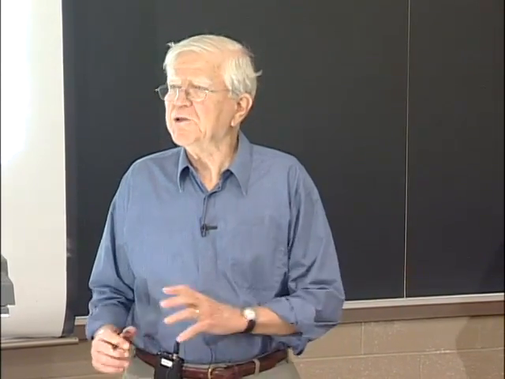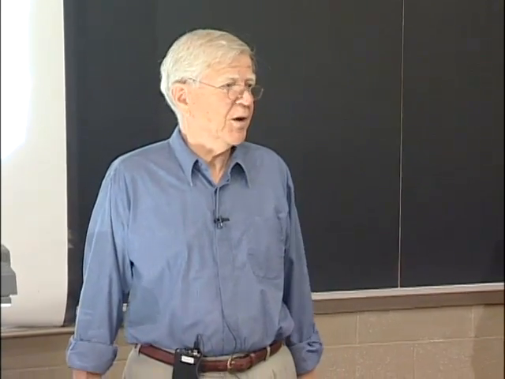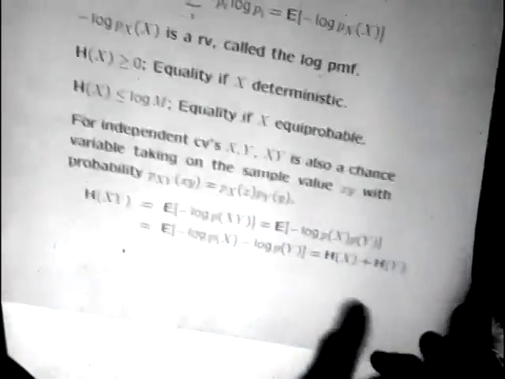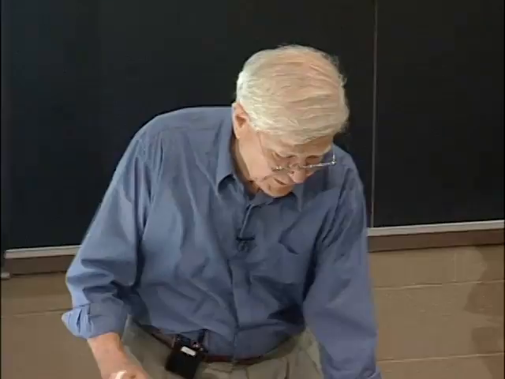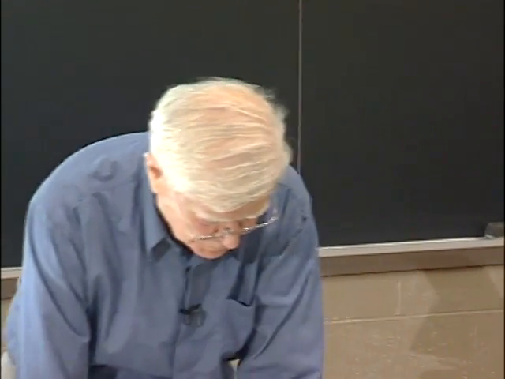That particular result talks about sums of random variables and not about products of random variables. So that's why Shannon did everything in terms of these log PMFs. And we will soon be doing everything in terms of log PMFs also.